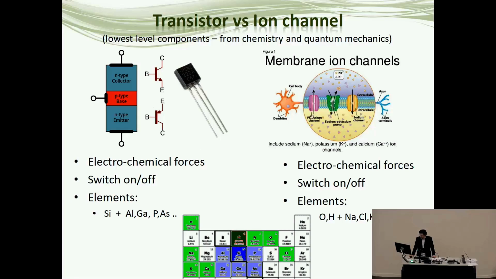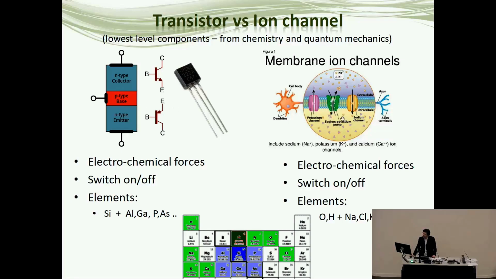Some of them are specialized to allow different kinds of atoms or molecules to flow through them. This is all to do with the balance of chemical forces. It is somewhat like the transistor. We saw this idea of having different atoms around and there being balances of different populations and achieving this chemical electro balance. You get the same idea here.